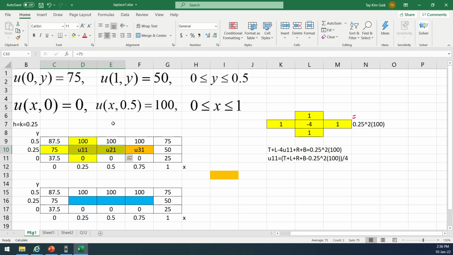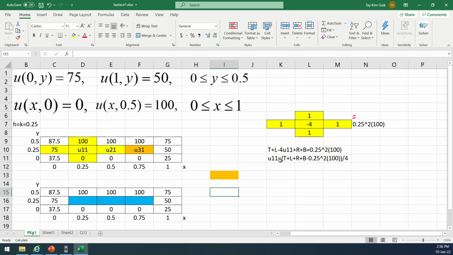So when you apply the molecule the first time, you target U11 at the center. So you have top 1 time, left 1 time, minus 4 times U11 plus right cell plus bottom cell equal to 0.25 squared times 100. We want to solve for U11.